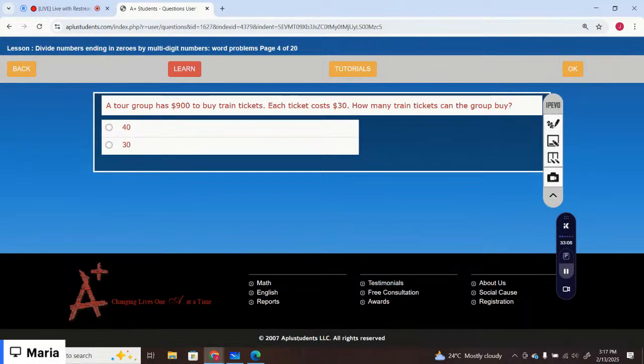How many train tickets can the group buy? 3 times 3 is 9.